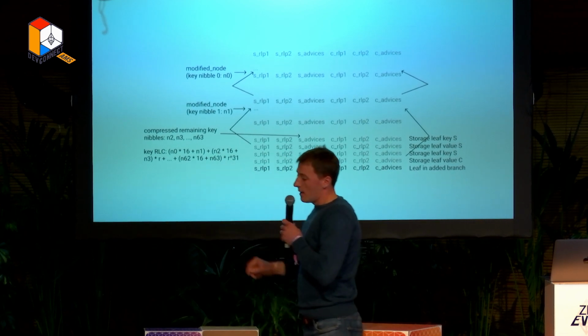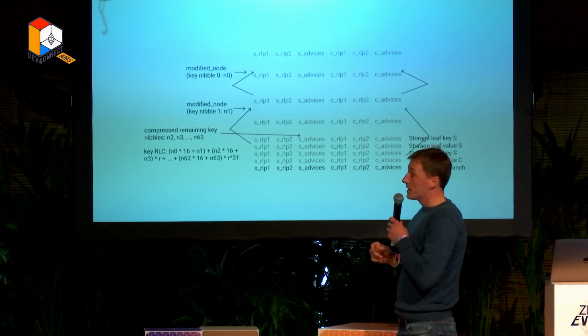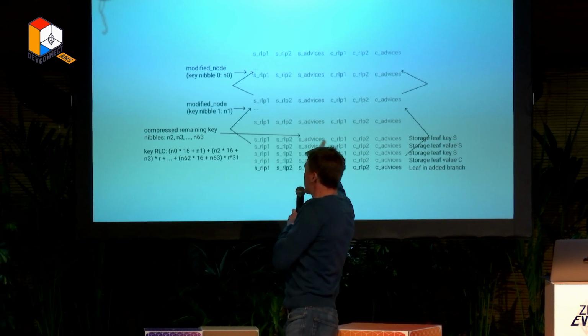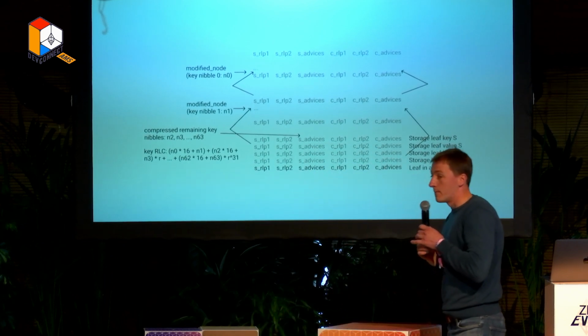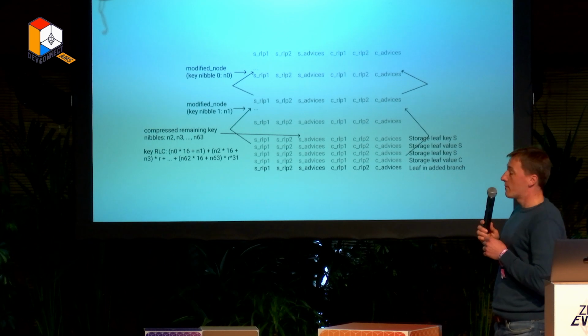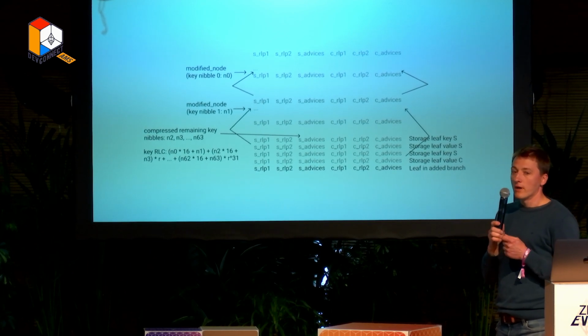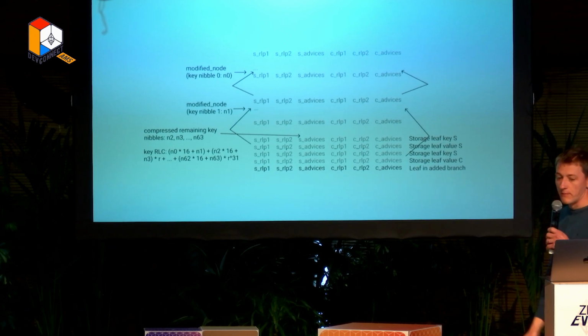But again, some branching is needed because the remaining nibbles are stored here in a compressed format, and this format depends on whether there is an odd or even number of nibbles.